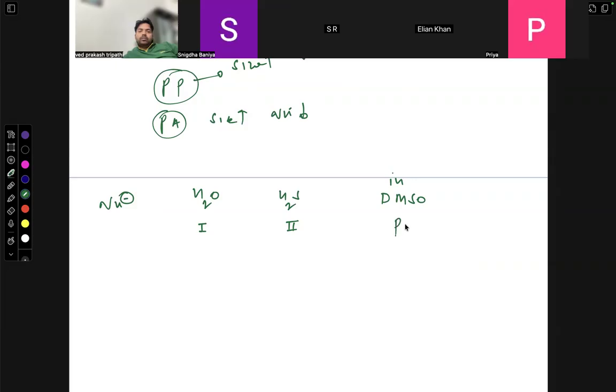Very good. Now, second thing: are they related to the same group or the same period? Whenever it is a period, there is no need to apply the solvation effect or solvent effect. It would always be considered in a group. Yes, group. So DMSO is a polar aprotic solvent. So size increases, nucleophilicity decreases. So H2O would be a better nucleophile. Make sense? Please tell me it makes sense.